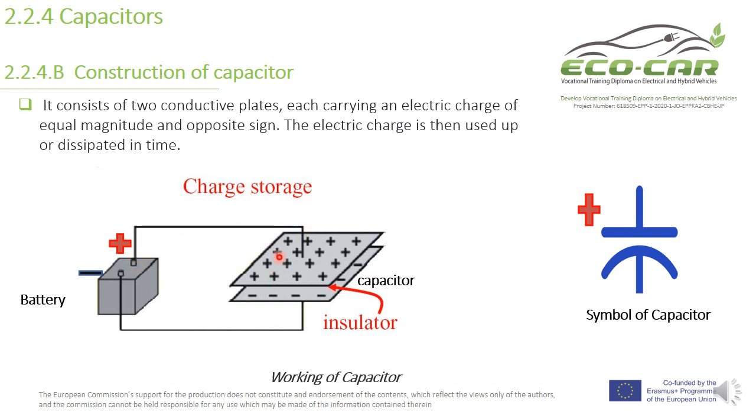So we have positive charges here and negative charges here, and there is an insulator inside this capacitor. The main function of the capacitor is to store charge or store energy. This is the symbol of a capacitor. This is the positive and this is the negative terminal of the capacitor.